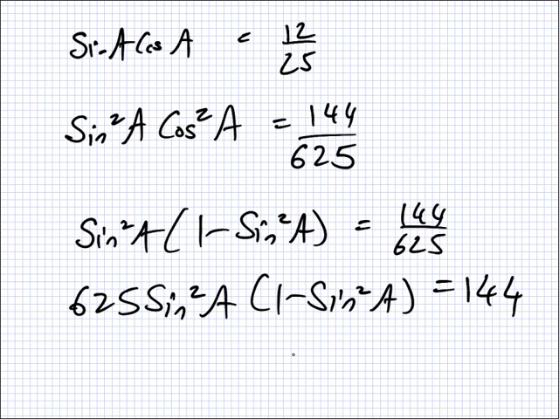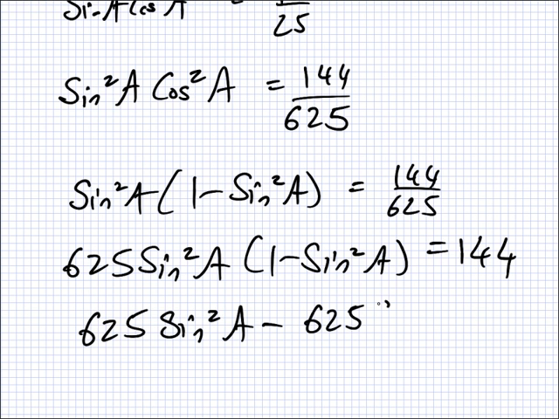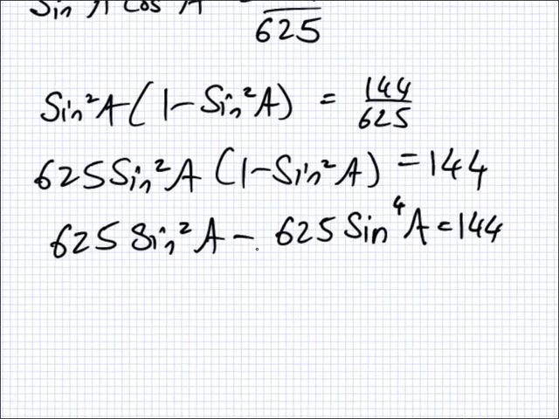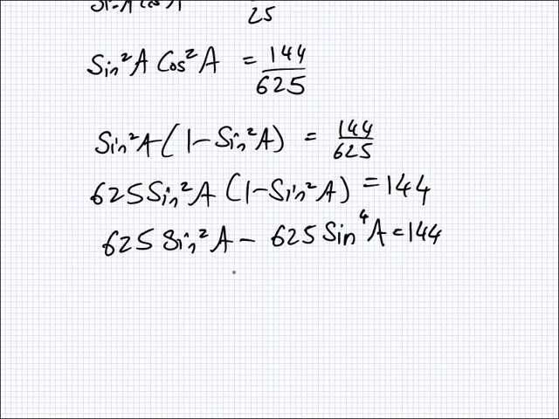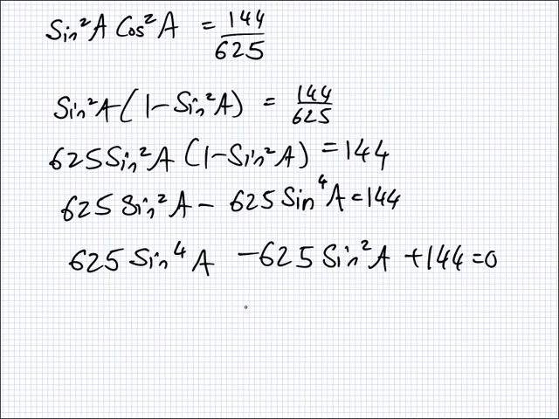Next, I should expand: 625 sine squared A minus 625 sine to the power 4 A equals 144. Now I should take everything to the right: 625 sine to the power 4 A minus 625 sine squared A plus 144 equals 0. It's a quadratic.